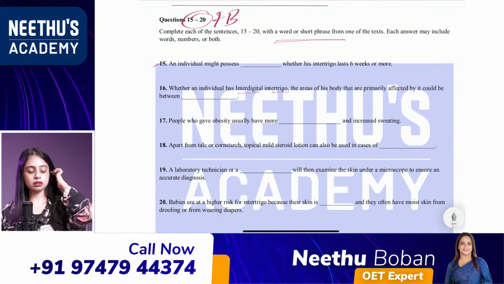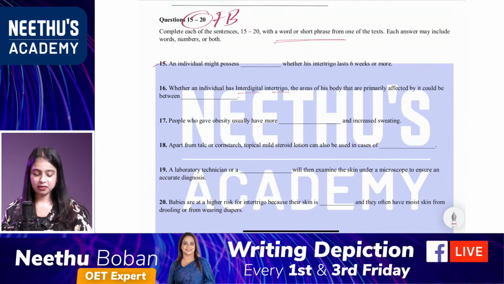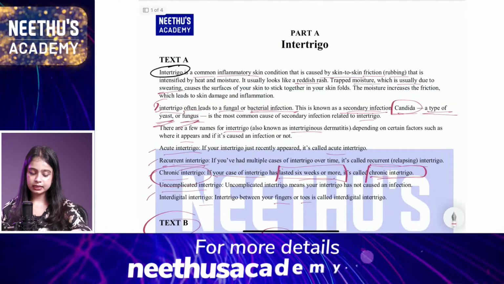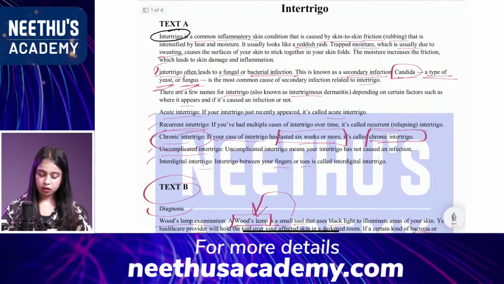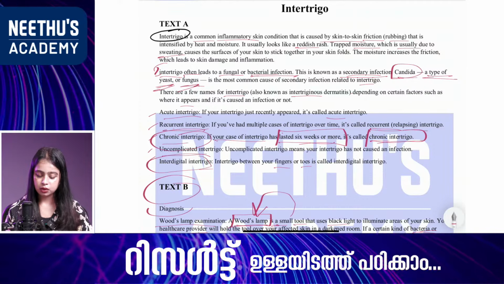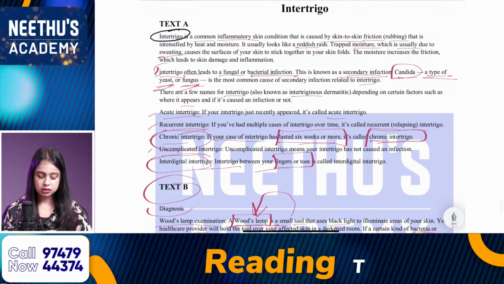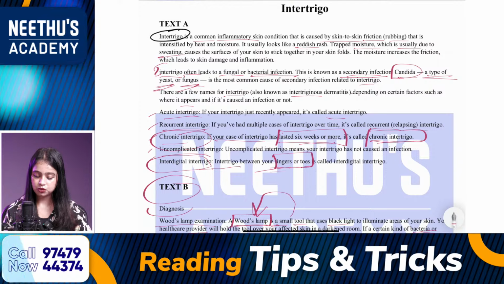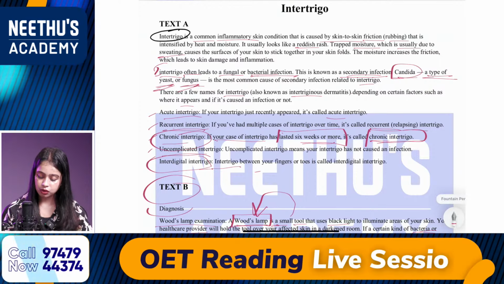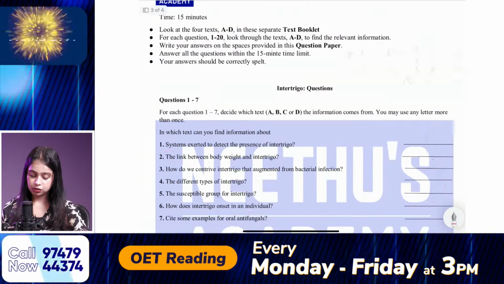The answer is again from text A, and the keyword here is interdigital intertrigo: intertrigo between your fingers or toes. So 16th one answer is fingers or toes from text A.